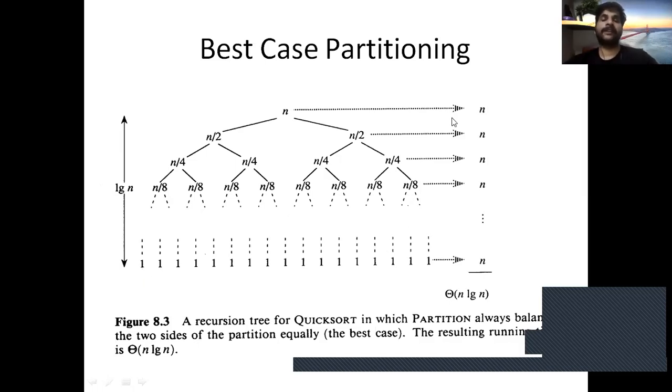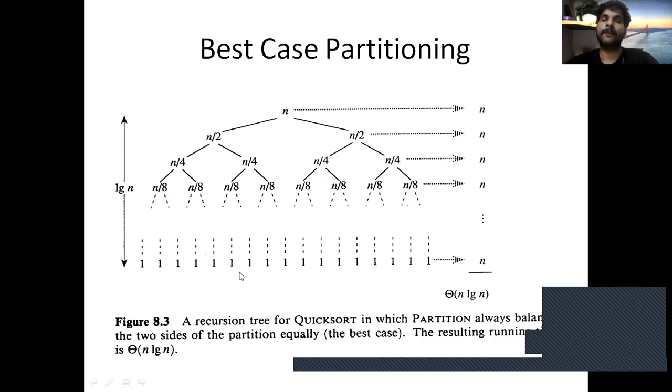Now we calculate the number of elements in each level, n. How many times? The height of the tree: n upon 2 to the power i equal to 1. We apply the logarithm property, i equal to log n, and the height of this tree equals log n.